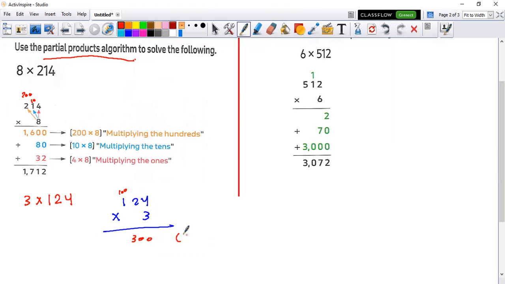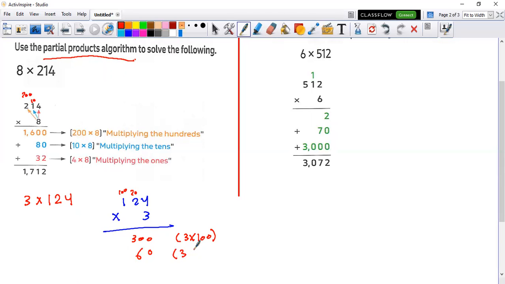Here put in two brackets. 2 here is 20. 3 times 20, with the 0. 3 times 2 equals 6.